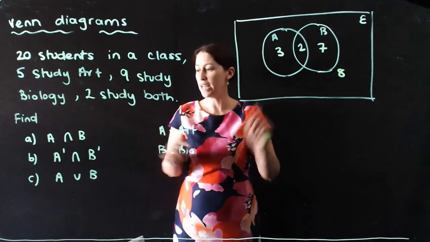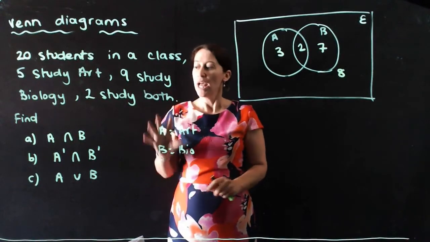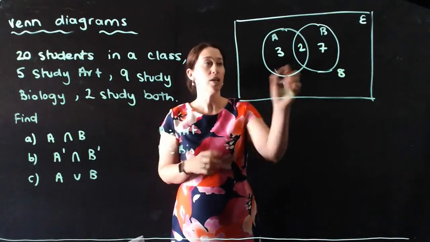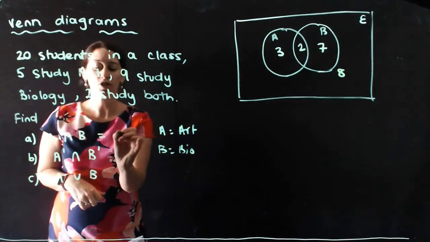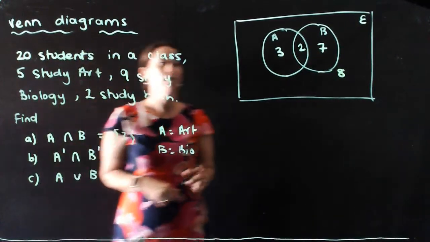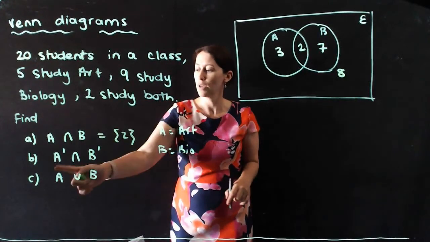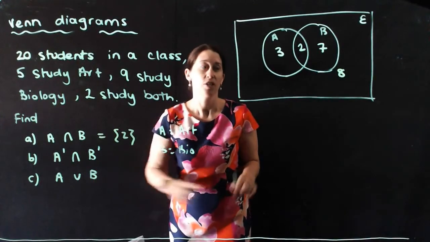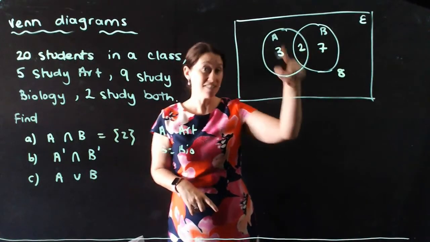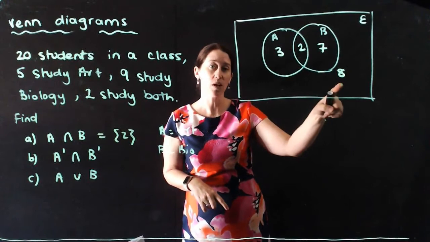So let's use this now to work out these. A intersection B. So we're looking for the overlap. So that's this section here. So we can just write there are 2 students that are in A intersection B. Not A and not B. So if they're not in A and they're not in B, they have to be outside the sets.